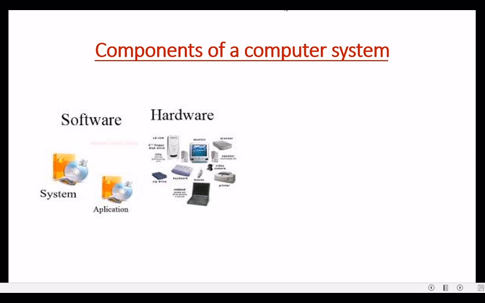Without Windows, hardware will be unable to operate. So Windows is called a system software and also an operating system.